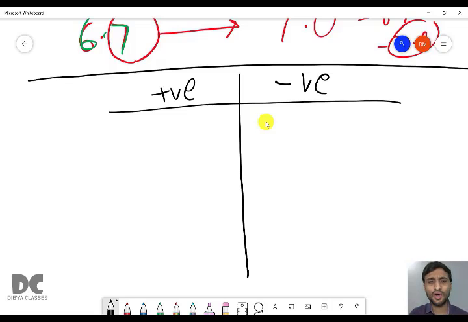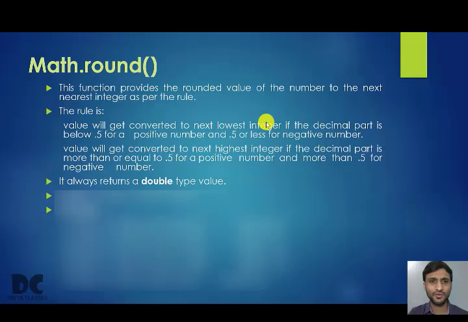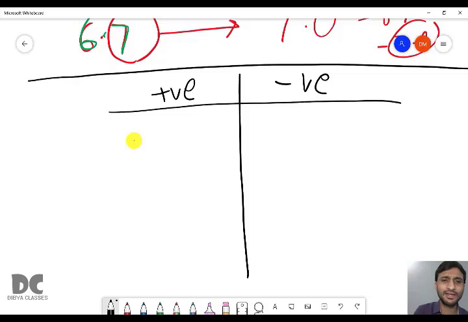Okay, for positive number, we have the rule, the value will get converted to the lowest integer if the decimal part is below 0.5. That means if the decimal part is less than 0.5, you will decrease the value to the lowest integer.